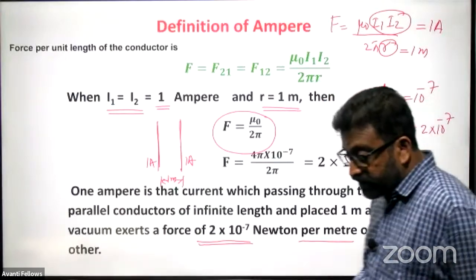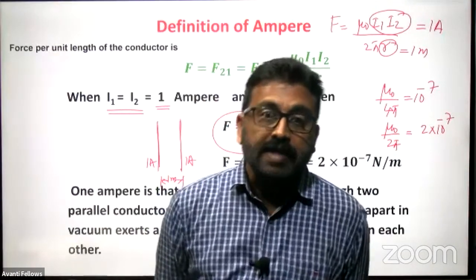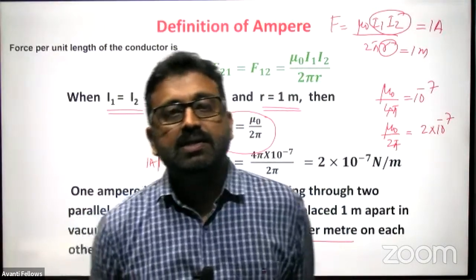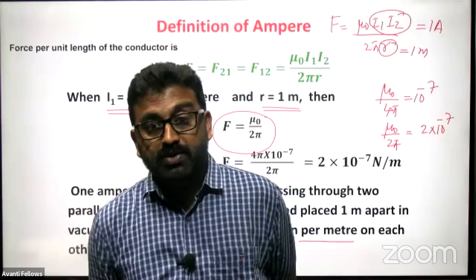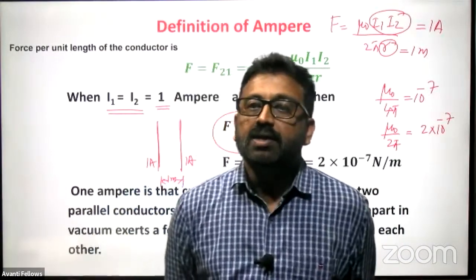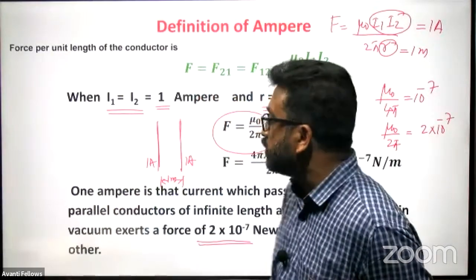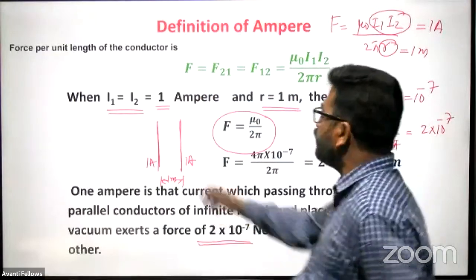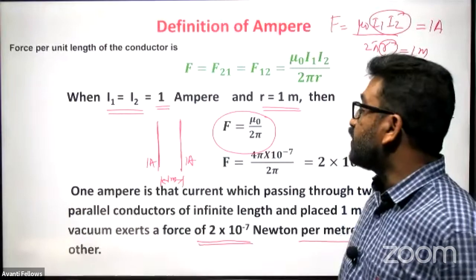Okay. So remember, if two parallel current carrying conductors carry currents in the same direction, they will attract each other. And if they carry currents in opposite directions, they will repel each other. The force with which they either attract or repel is equal to 2 into 10 power minus 7 Newton, if they carry 1 ampere each and are kept at a distance of 1 meter apart.